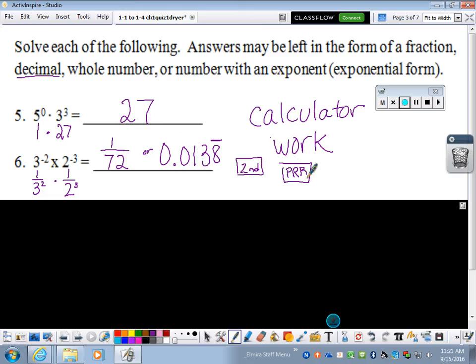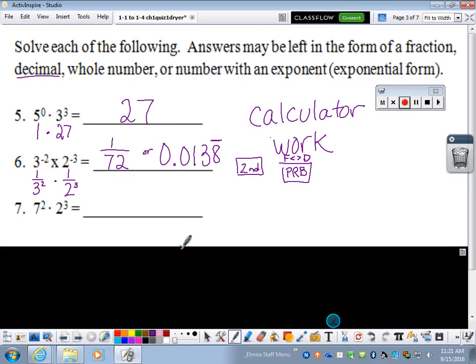If you look on top, it has F, arrow, arrow, D. And what that button does is it takes anything that's on your screen and converts it. So if it's a fraction, it'll make it to a decimal, and if it's a decimal, it'll make it to a fraction. So just be aware that your calculator can do those things for you. Either of these answers is going to be acceptable and full credit.